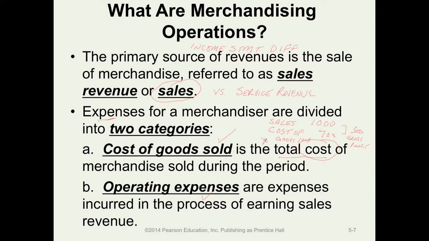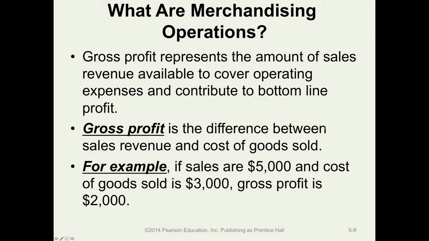So cost of goods sold is what you pay the manufacturer for the products that you're going to be selling. And that gross profit is a key statistic for a merchandising company. Gross profit is the amount of sales revenue that is available to cover your operating expenses and contribute to your overall profitability. Gross profit, as I just mentioned, is the difference between sales revenue and cost of goods sold.